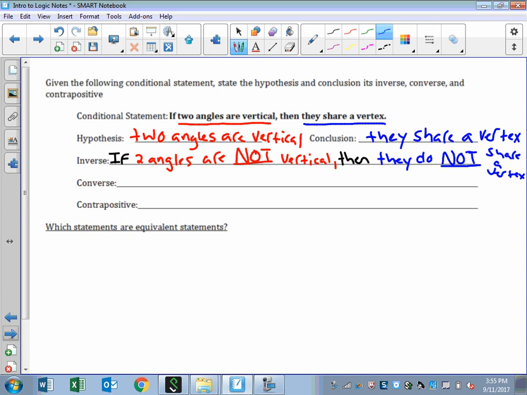All right, now for the converse, if you look at your notes above, we're going to switch P and Q. We're going to flip them around, so Q is going to come first.